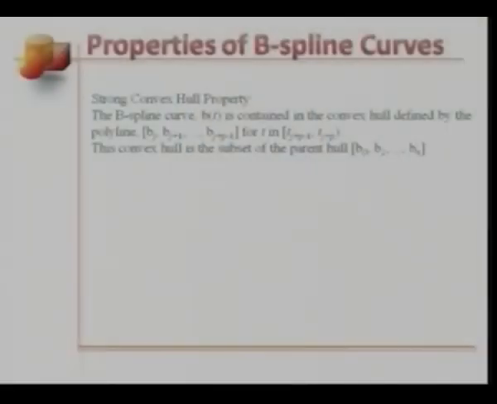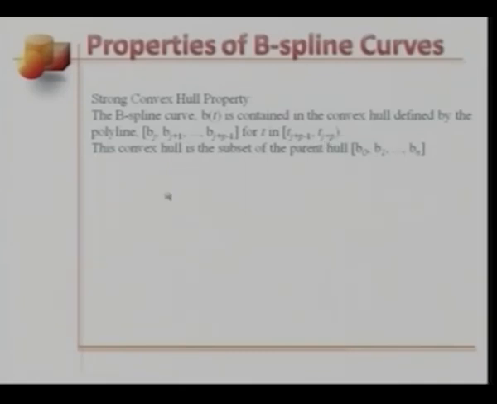Strong convex hull property. The B-spline curve B(t) is contained in the convex hull defined by the polyline b_j, b_(j+1), b_(j+2) up to b_(j+p-1) for values of t in [t(j+p-1), t(j+p)].